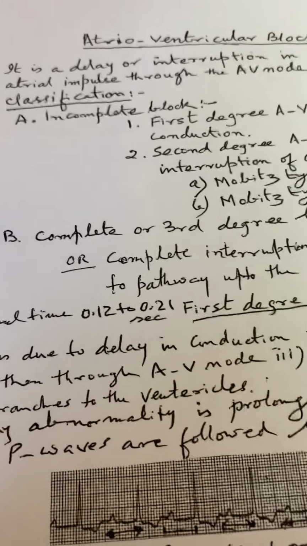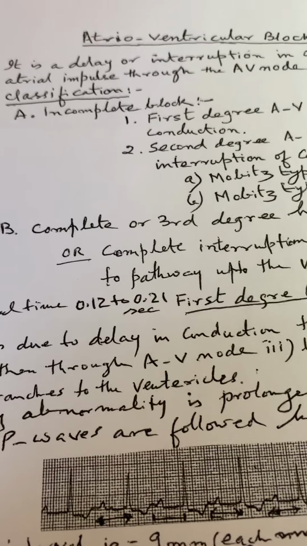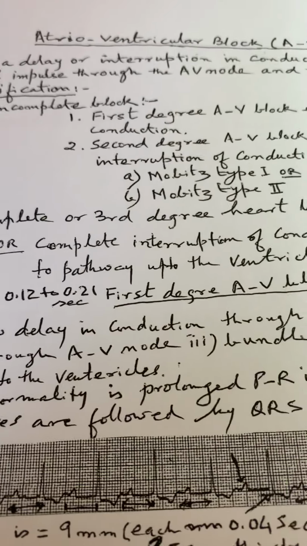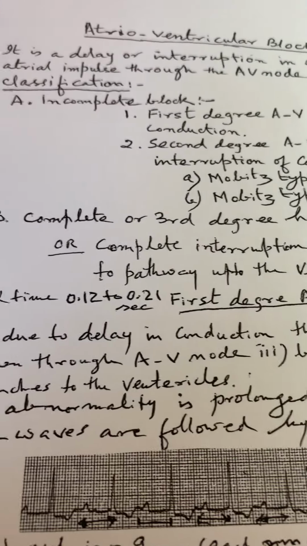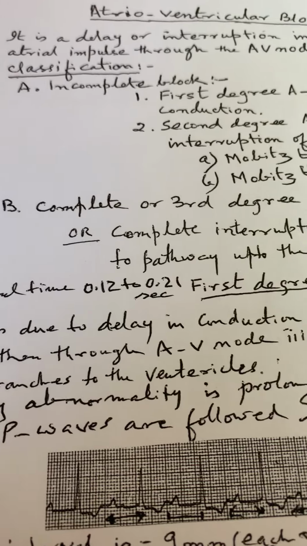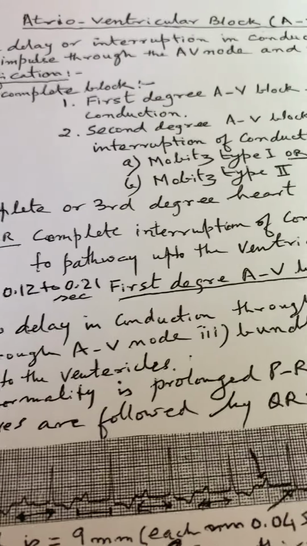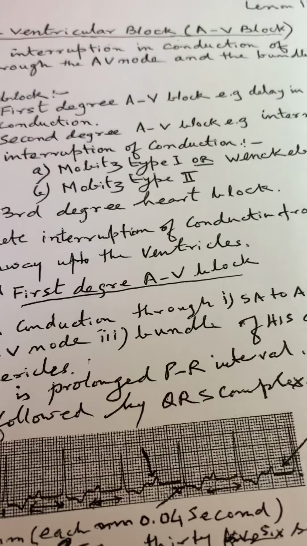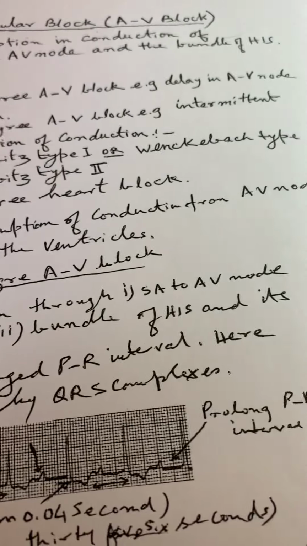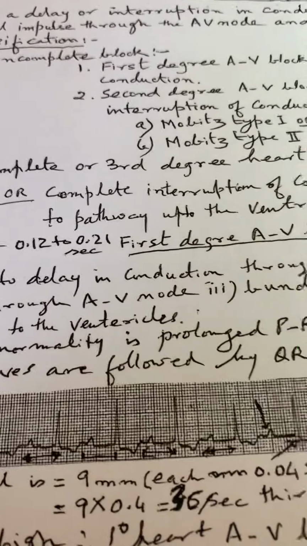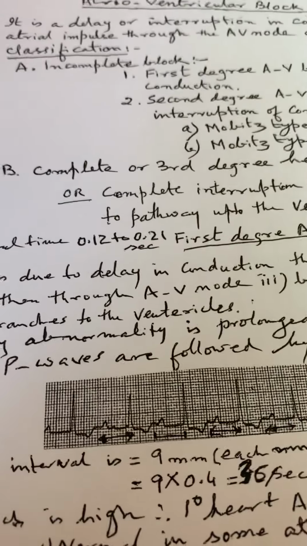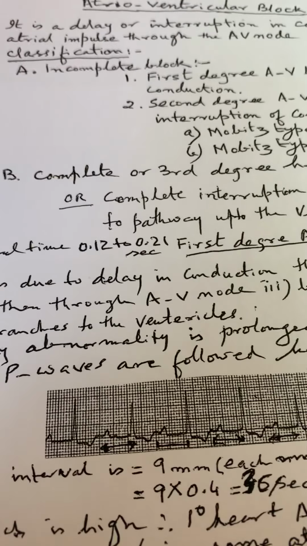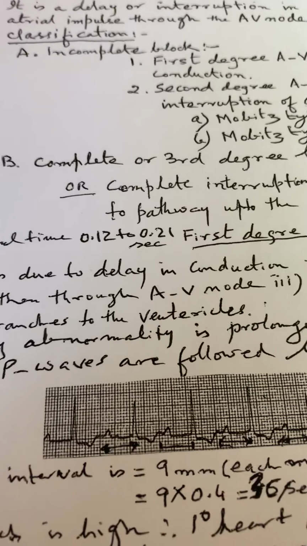AV block is a delay or interruption in the conduction of the atrial impulse through the AV node and the bundle of His downwards. Now there is a classification for AV conduction block.